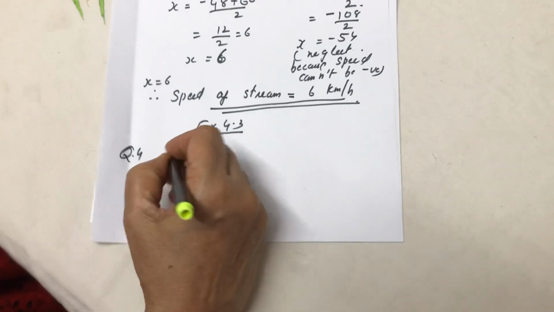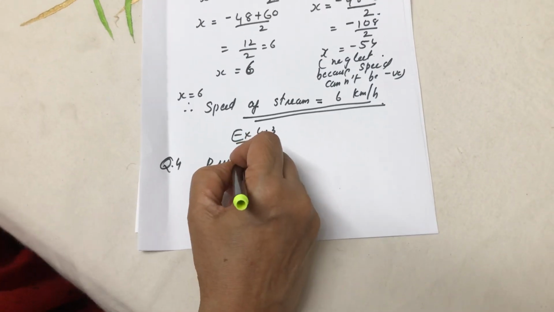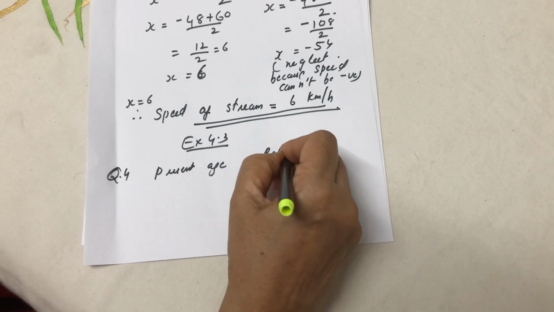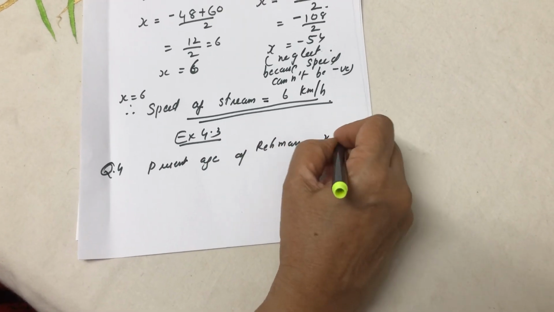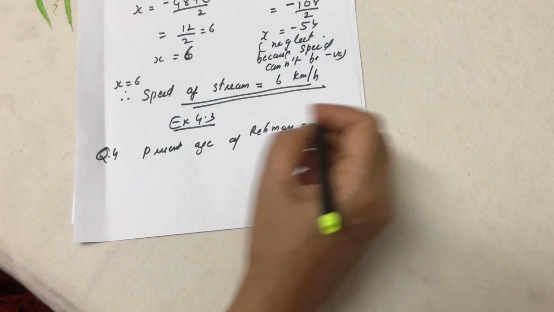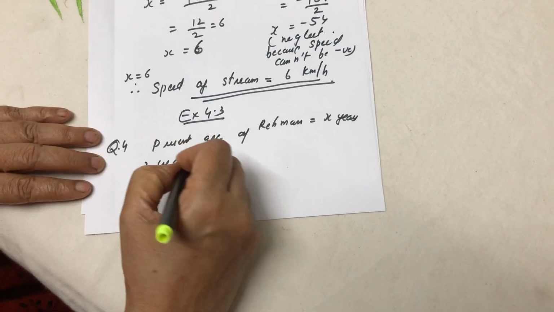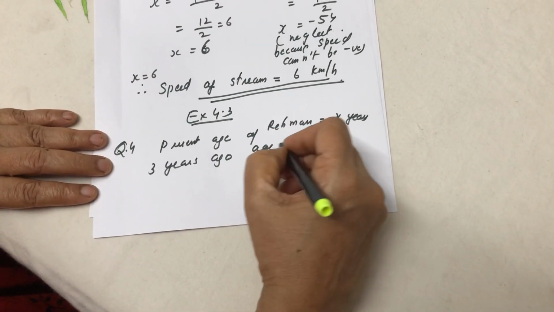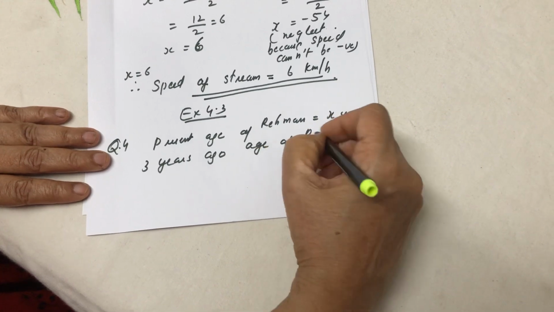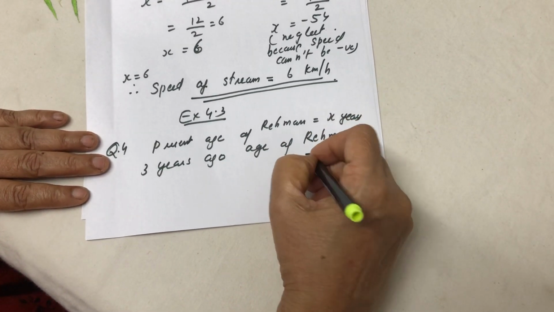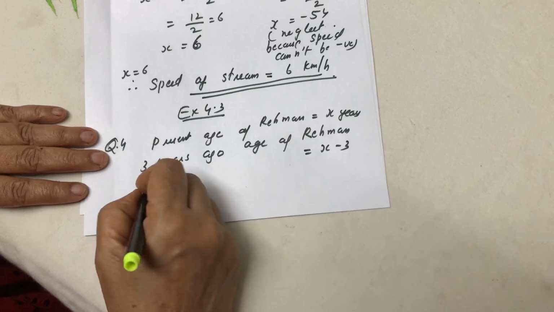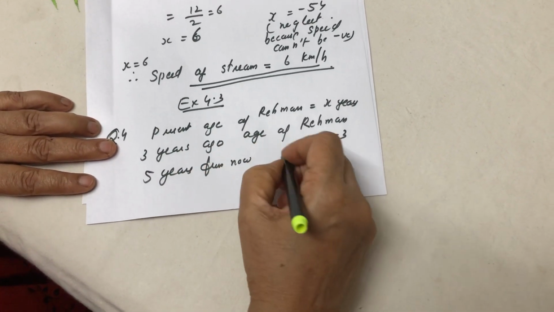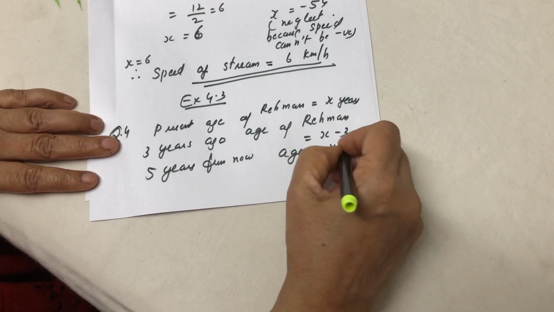So first you should write down present age of Rehiman is x years. 3 years ago, age of Rehiman is x minus 3. 5 years from now, age is x plus 5.